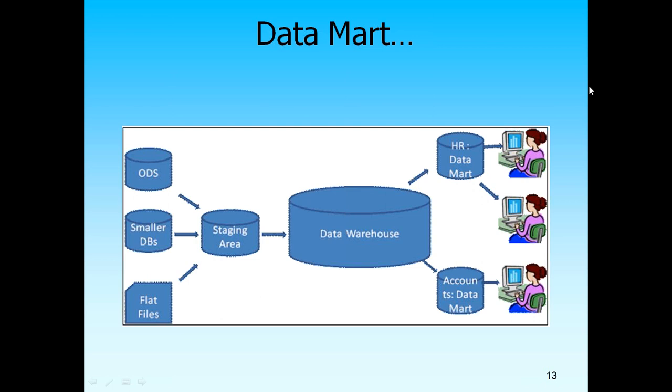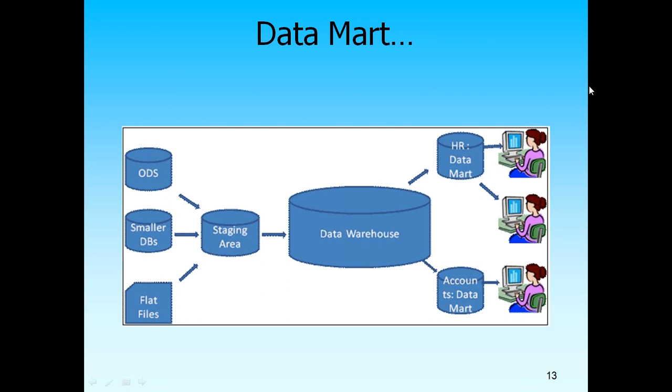So in order to process individual user categories, the data mart will support their queries. The data warehouse is for the complete decision making system, and a data mart is also a decision making support system, but here we'll have a smaller amount of information.